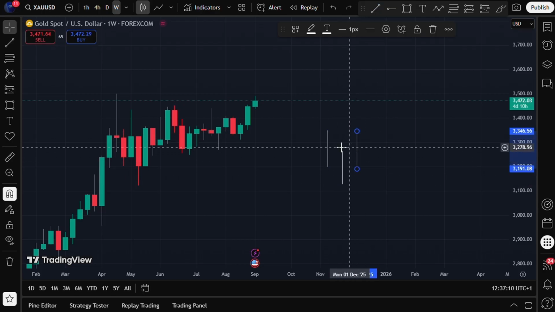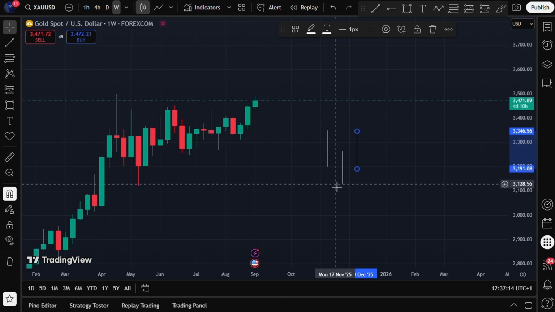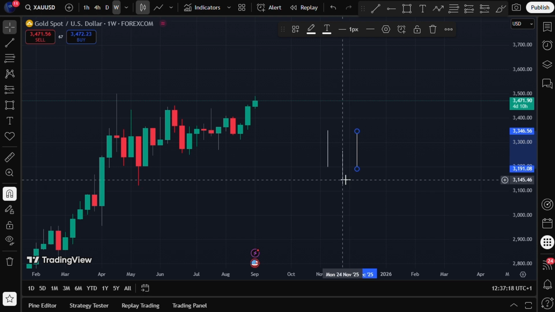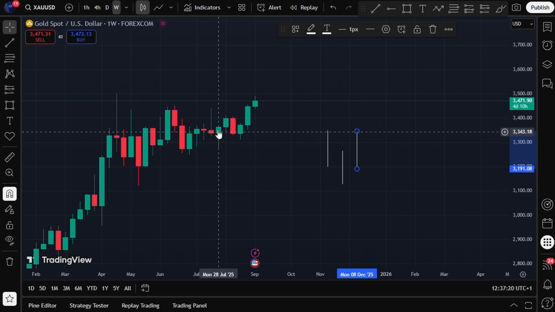When you see this pattern with the second candlestick making the lowest low, you have a swing low. For example, we have this 1, 2, 3 here, and this candlestick has a higher low to the left and a higher low to the right. So this is our swing point.